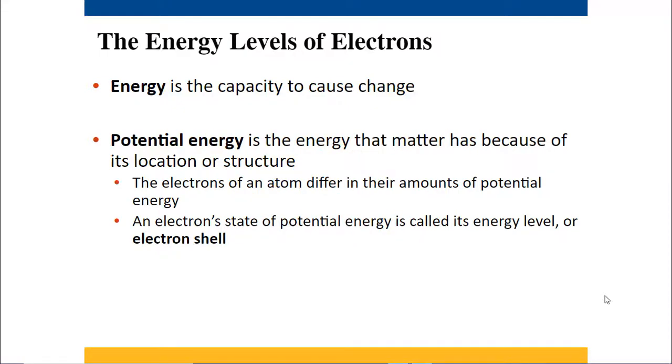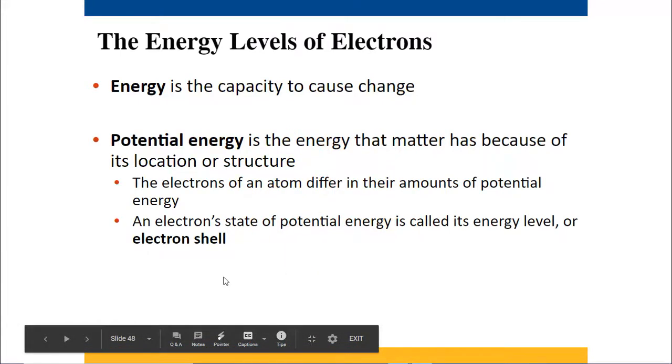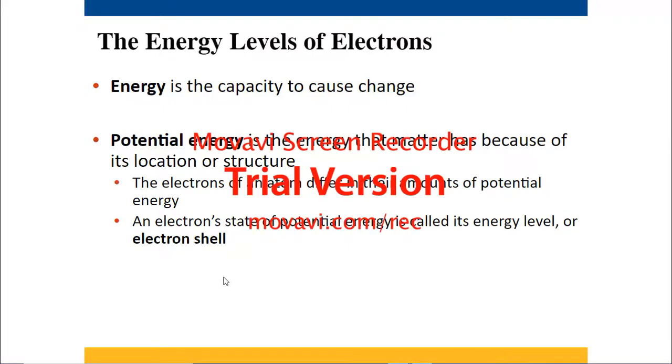Remember, we talked about how the electrons orbit the nucleus, kind of like an electron cloud, but they have different energy levels. Think of it as drawing a circle around the nucleus, then a circle around that circle, and then another circle around that one, and each of those circles represents a higher energy level state.